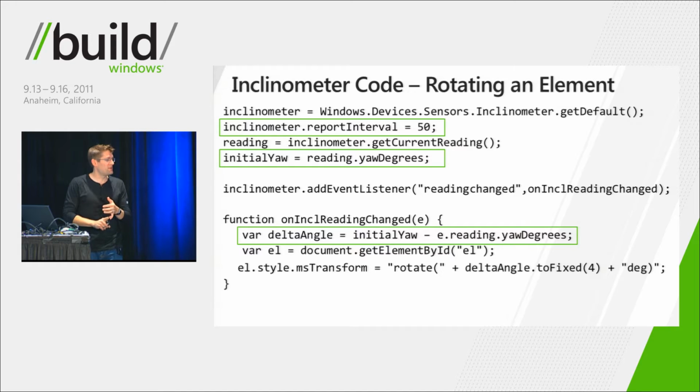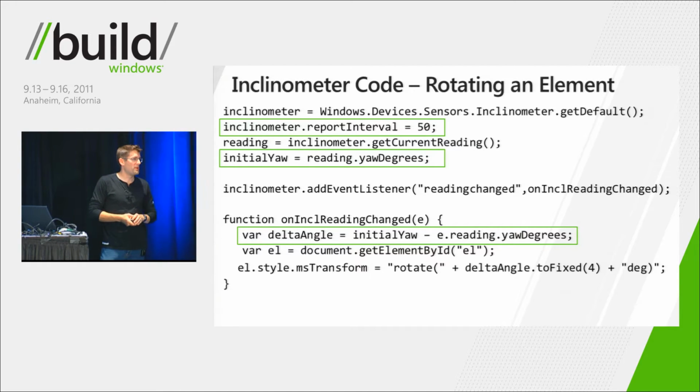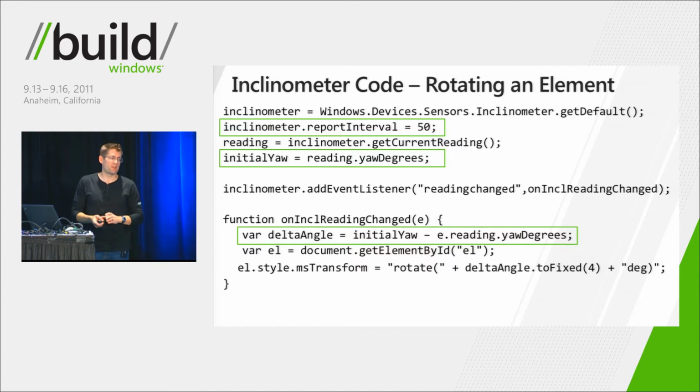The second line of code down in the event handler is just getting the element for the transparent PNG image from our document. And then we apply a transform to rotate the image based on the relative yaw inclination. So this is just a simple example of using inclinometer from JavaScript in a Metro-style application.